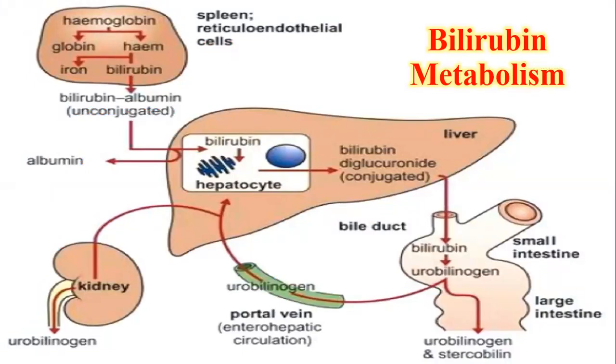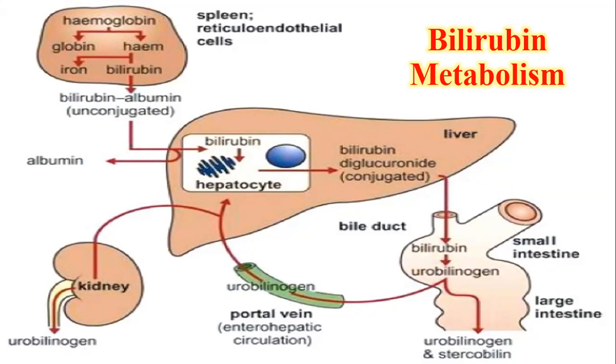It is liberated from the end product of RBCs when the hemoglobin is detached into globin and heme. Then the heme is detached into iron and bilirubin, and bilirubin travels in the circulation bound to albumin, but it is still unconjugated, and we call it unconjugated bilirubin or indirect bilirubin.